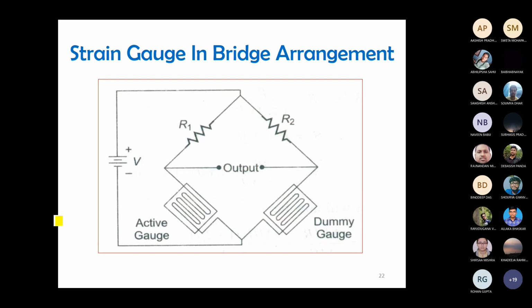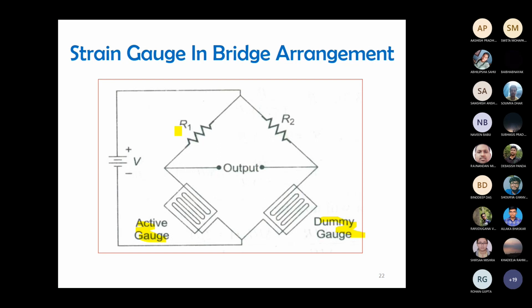Now you are considering the bridge arrangement. Two active gauges are there, or one active gauge and a dummy gauge, and here the null pointer is there. For the balance condition, you should find out the ratio and the values. After that, if there is any change, your null pointer varies.